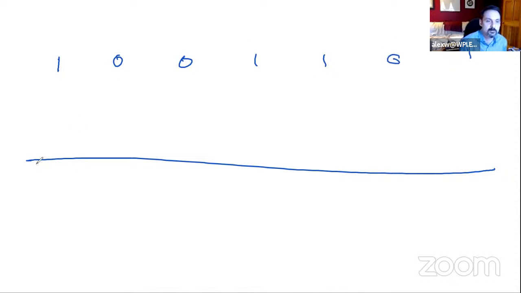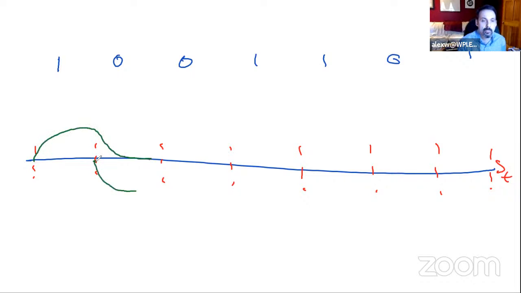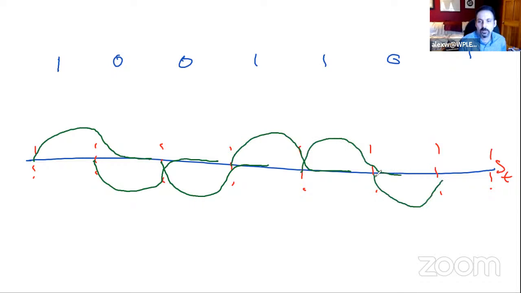Let's draw the boundaries. And remember, this is with respect to time. And it will look like this. Again, not a great artist.